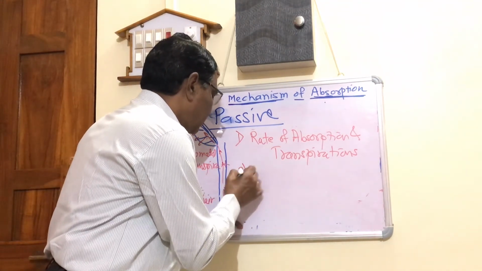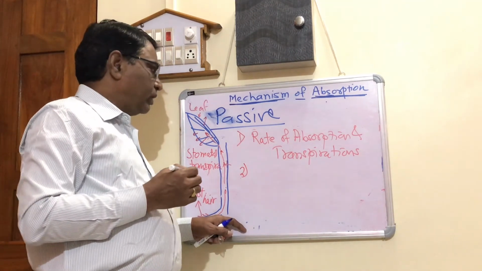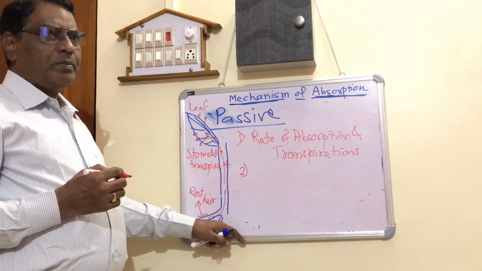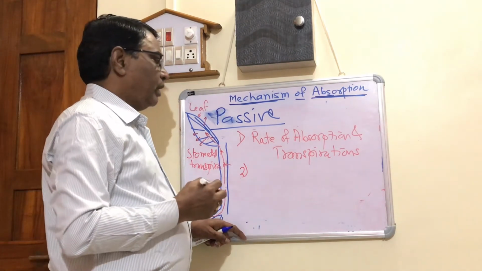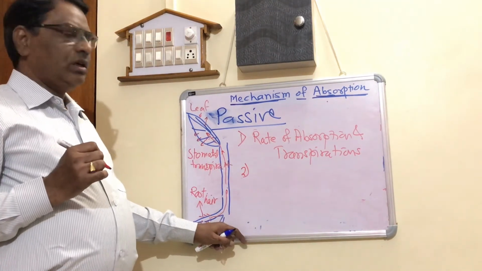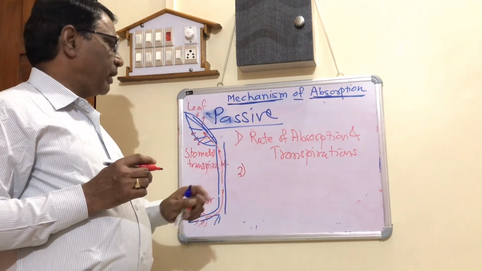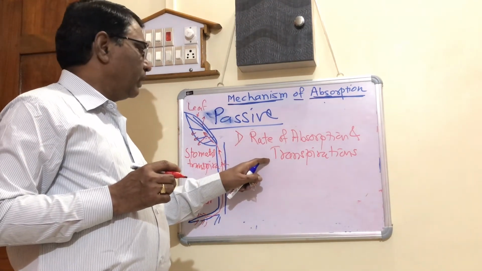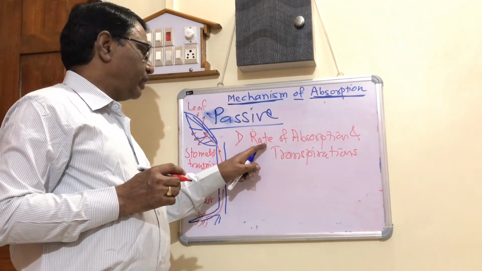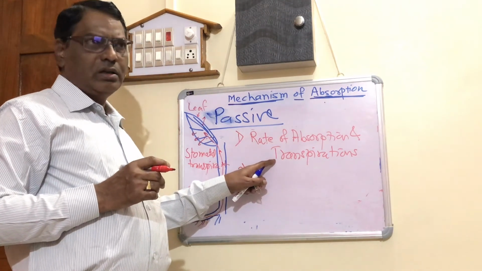Then the second practical evidence again for this passive absorption is that the rate of absorption is exactly or nearly equal to the rate of transpiration. In the first merit, we said that these two rates, that is the rate of absorption and rate of transpiration, are closely interlinked.